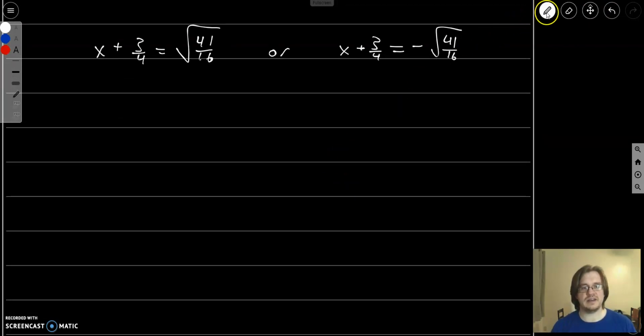And let's simplify this down. If I take the square root of a fraction, I'm just taking the square root of the top and the square root of the bottom, but the square root of 16 is 4. And again, the square root of 41/16 I already have written over there. I just have to remember the negative sign.